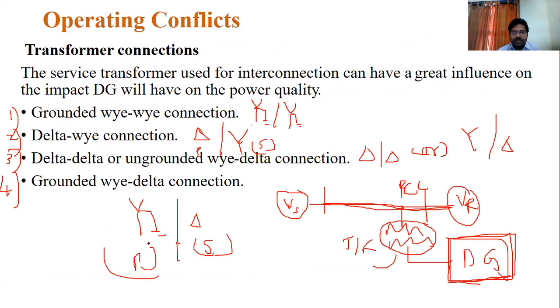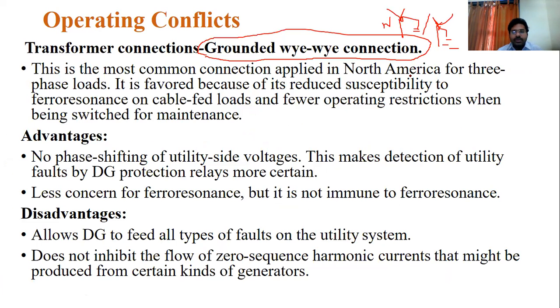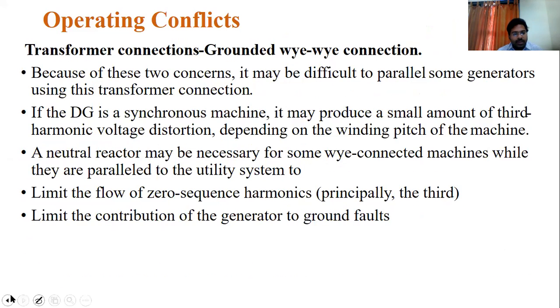Grounded Y to Y connection means on the primary side we connect the Y connection, the star connection, and at the same time on the secondary side we also connect this type of connection.